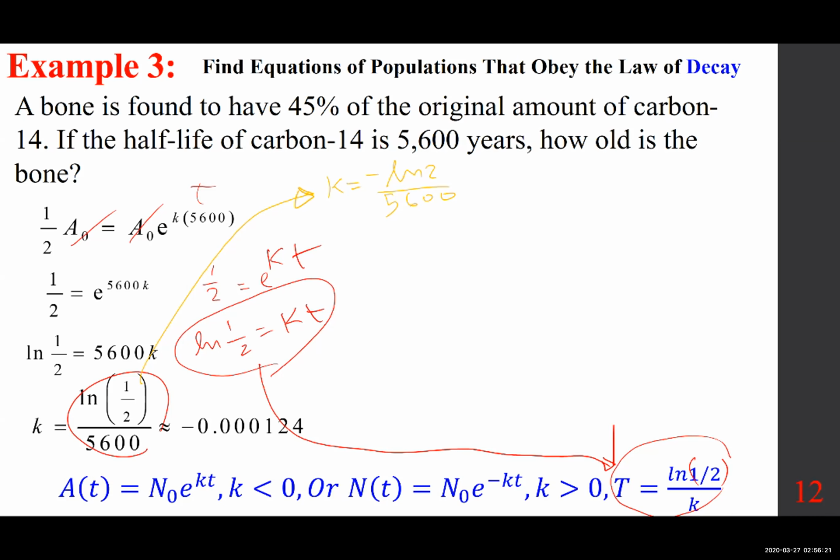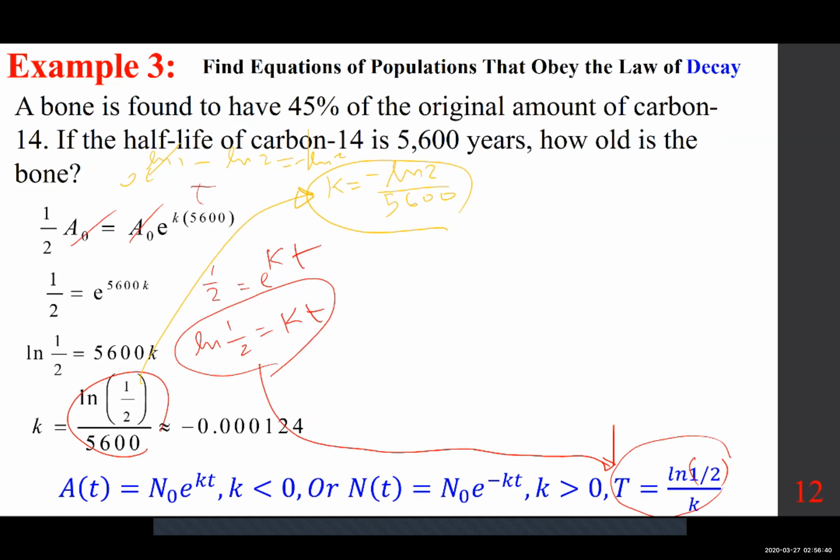Both ways are fine. The top is ln1 minus ln2. This is 0. It's minus ln2. All right. You can use that as a precise answer, and you move on.